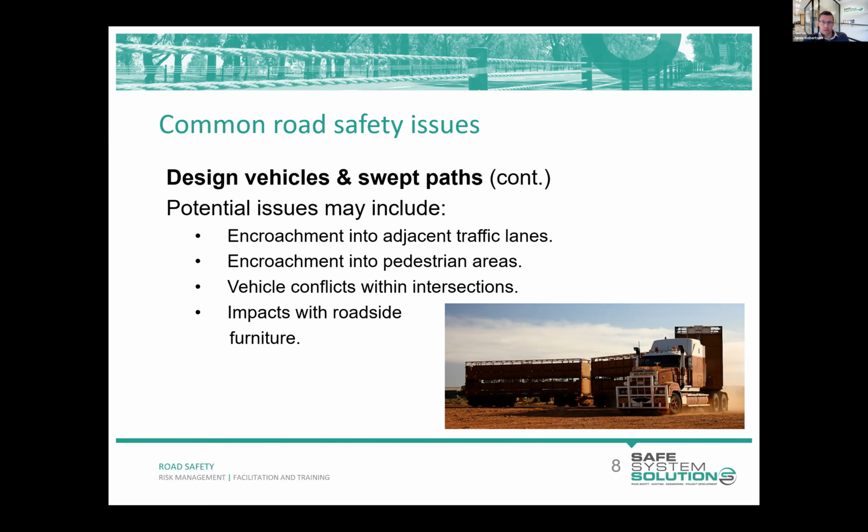When you're reviewing a design, and it can be difficult without having those swept path diagrams, but you ought to think about whether there is sufficient space to accommodate the movements that are required. And if you don't have the information that you would like, I would suggest that you put it back on the designer to provide it and demonstrate that the piece of road is doing what it needs to do.